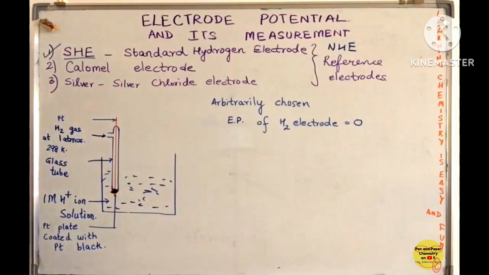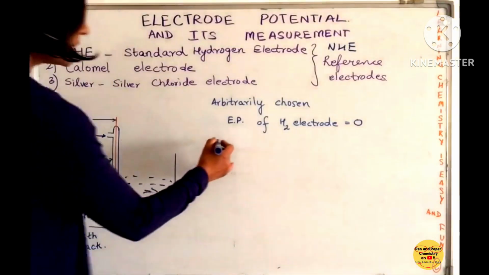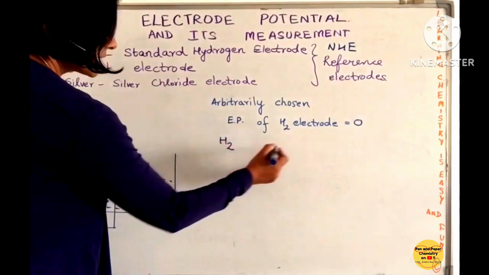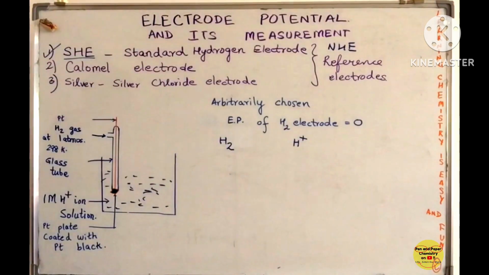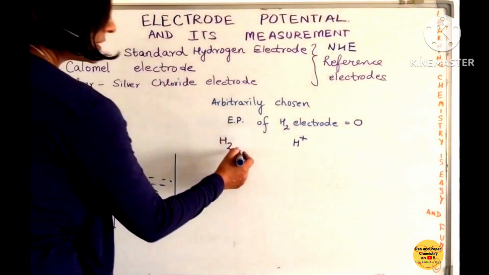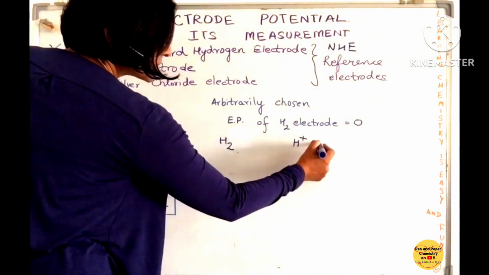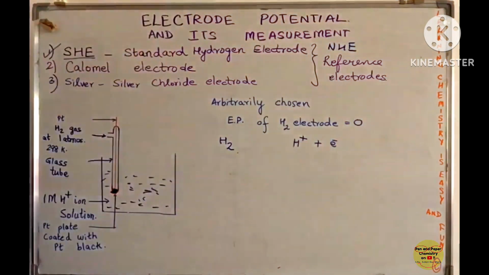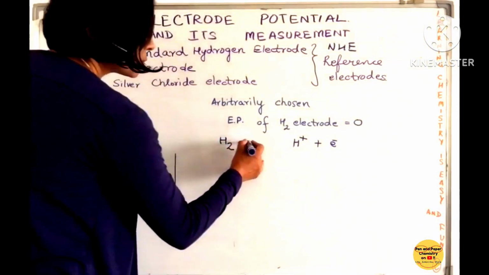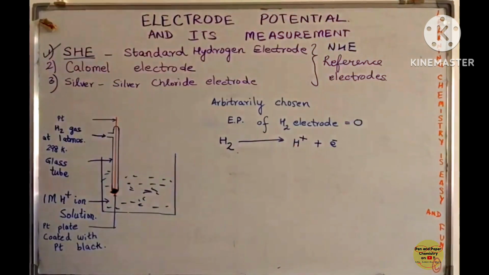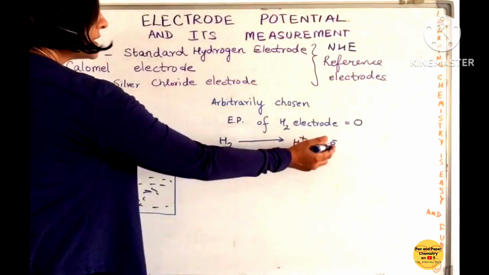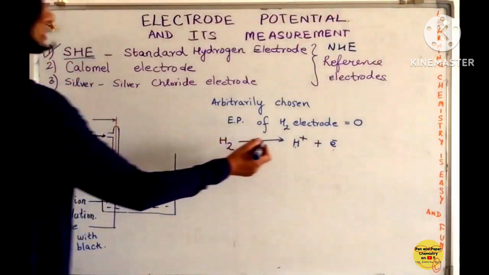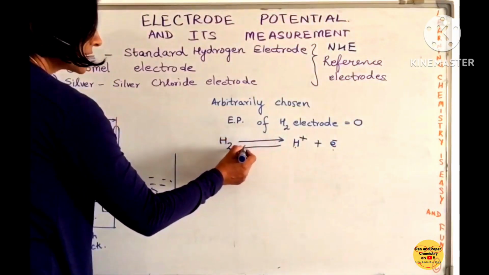In the case of standard hydrogen electrode, what will happen is we will develop an equilibrium between hydrogen gas and hydrogen ions, right? So hydrogen gas will have tendency to turn into hydrogen ions by losing electrons. So this is one reaction, the forward reaction. At the same time, the hydrogen ions will have a tendency to gain back the electrons and turn to hydrogen gas.